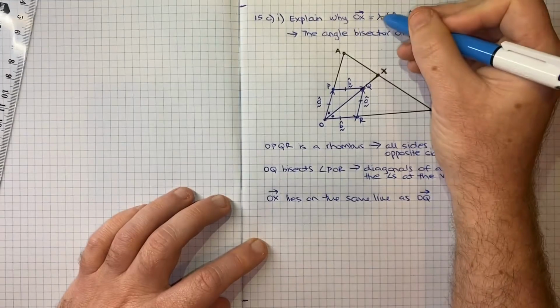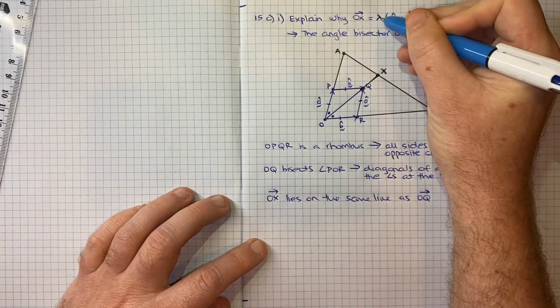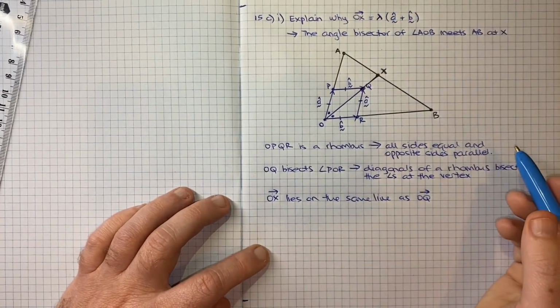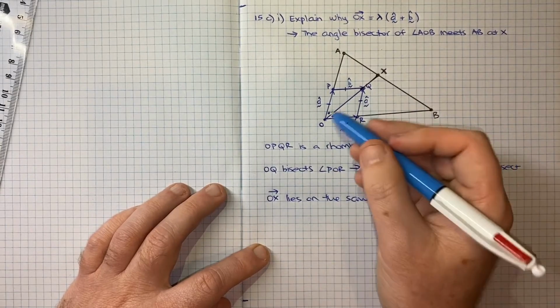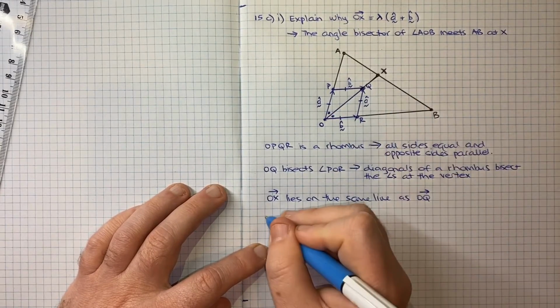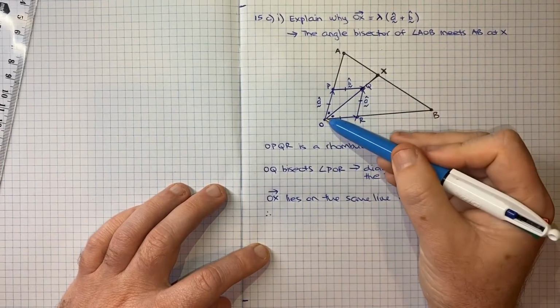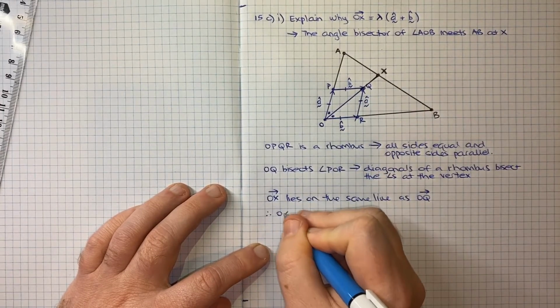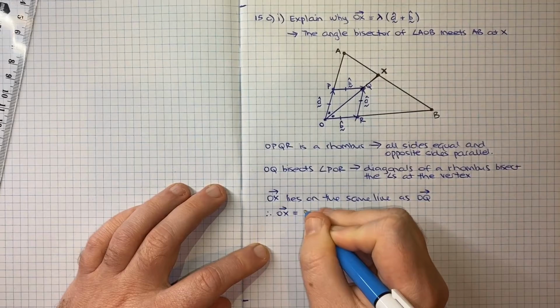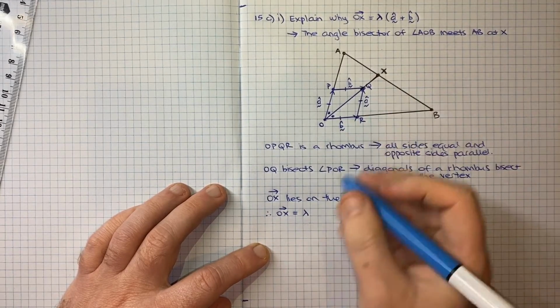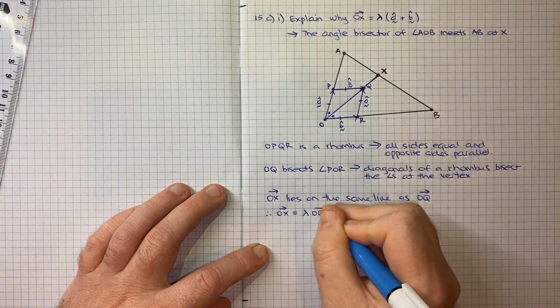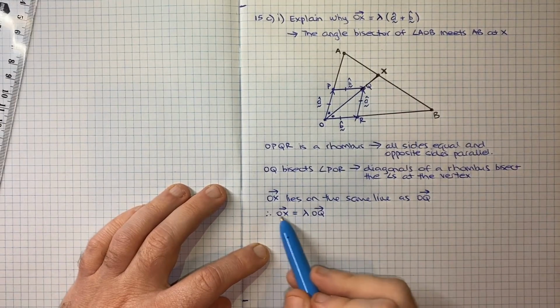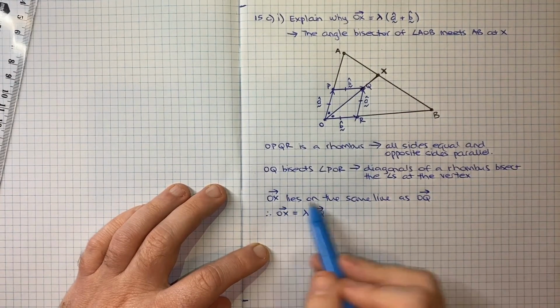In this case, it's going to be lambda, simply because that's the letter that we're told to use. So we can first state that the vector OX can be written as some lambda of the vector OQ.